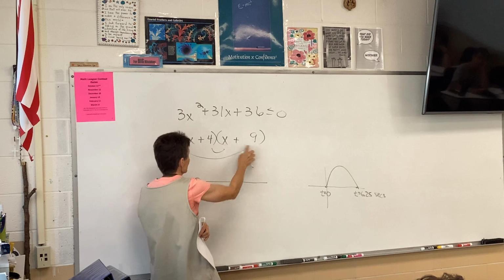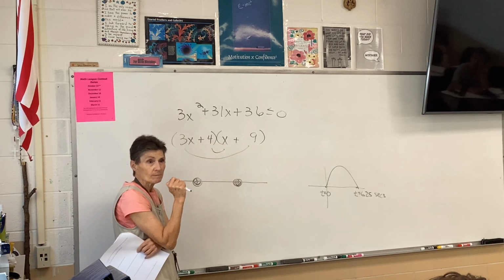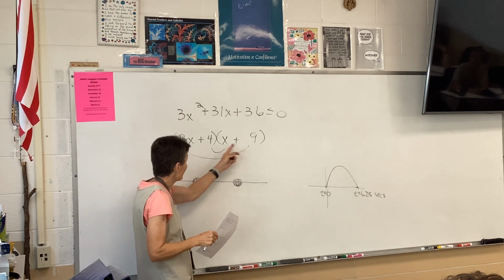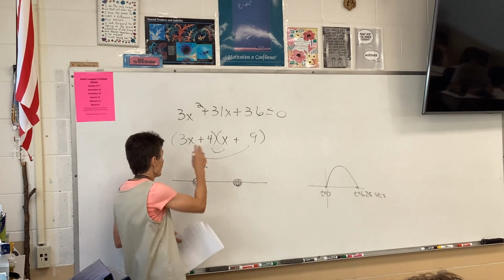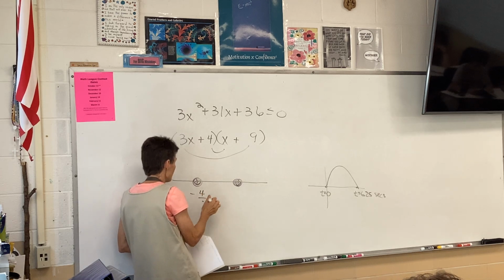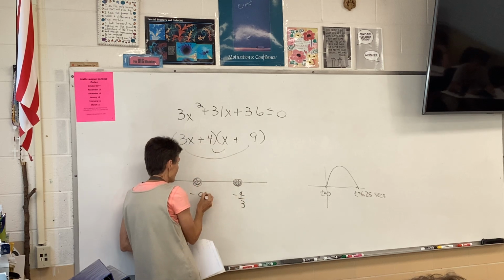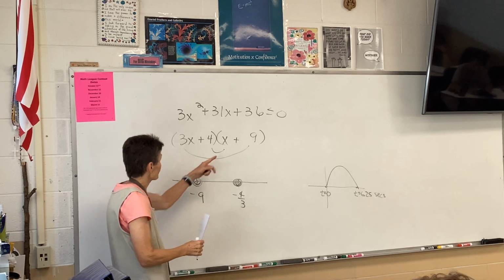So 27 and 4 adds up to 31, so that would be an option. So would 12 and 3. Just play around with it to get the pair. So anyway, -4/3 and -9 are my zeros, or my solutions.